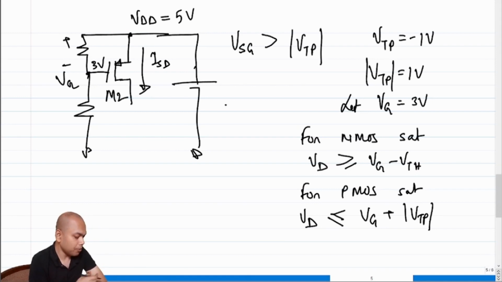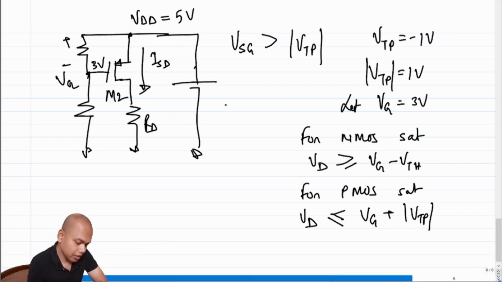We can simply put an RD here and stop, but now we know multiple ways of biasing our transistor using a constant current source, and that is something we should explore as well. So let's explore that.